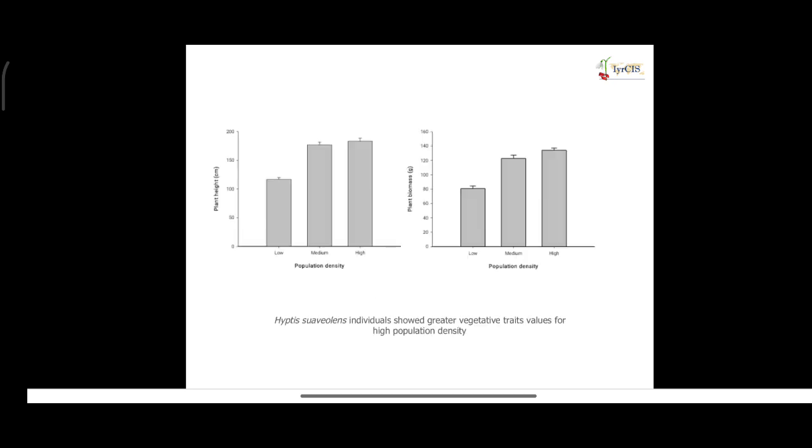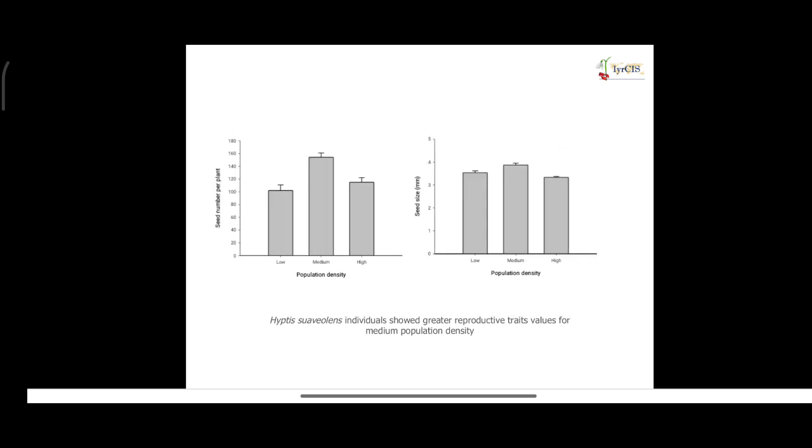Parthenium was found to show differential trait modulation across all the three population density ranges. It showed greater plant height and biomass for high population density, while a high number of seeds and bigger size of seeds for medium population density.